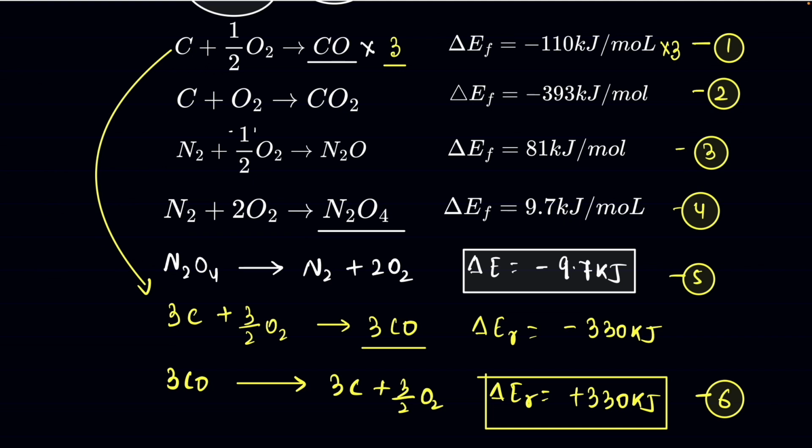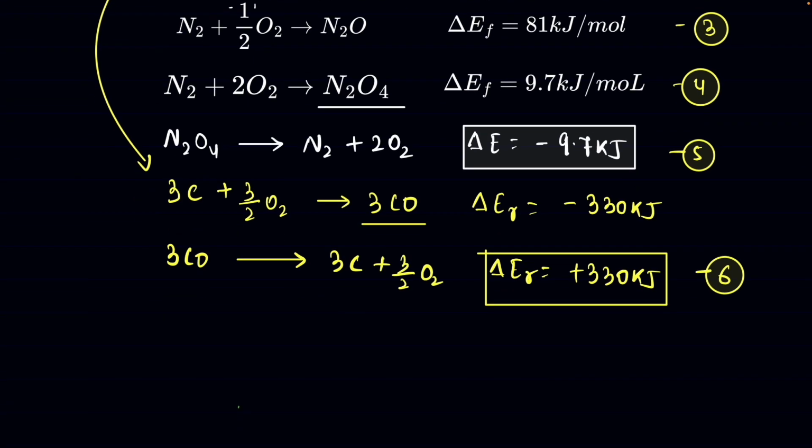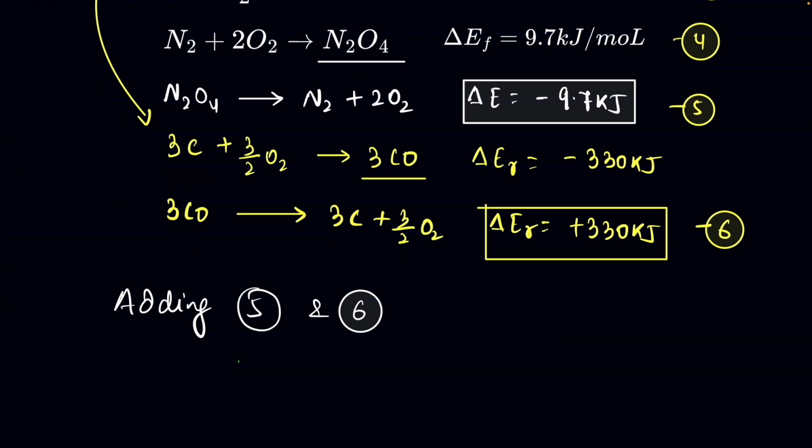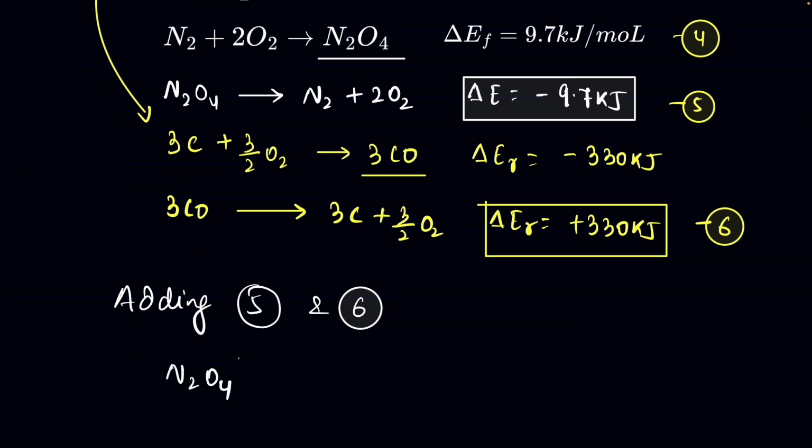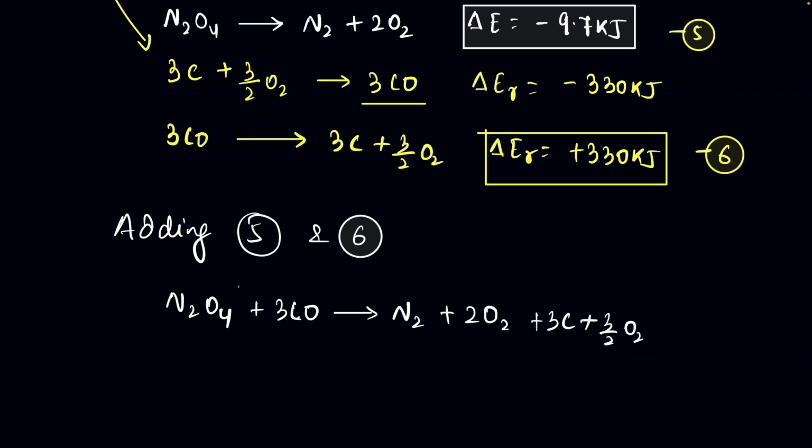So when we add 5 and 6, we can write N2O4 plus 3CO forms N2 plus 2O2 plus 3C plus 3 by 2 O2. Further solving, N2O4 plus 3CO forms N2 plus 3C plus 7 by 2 O2.